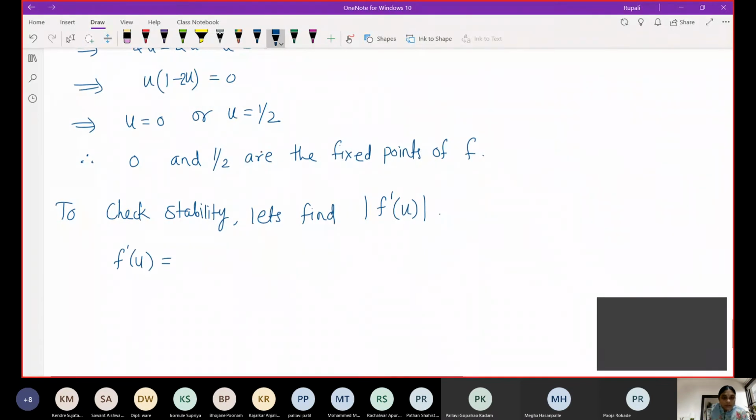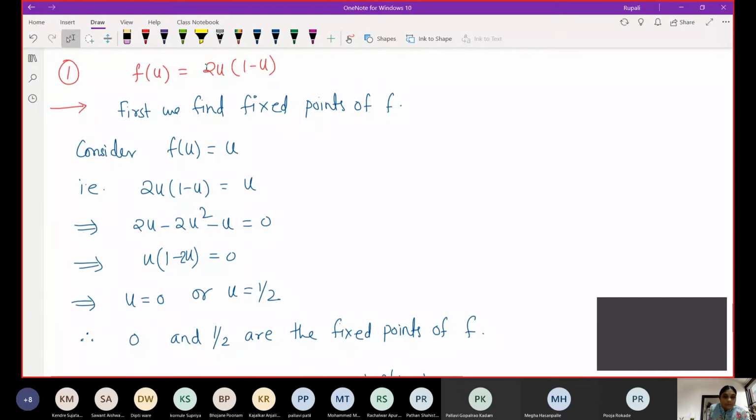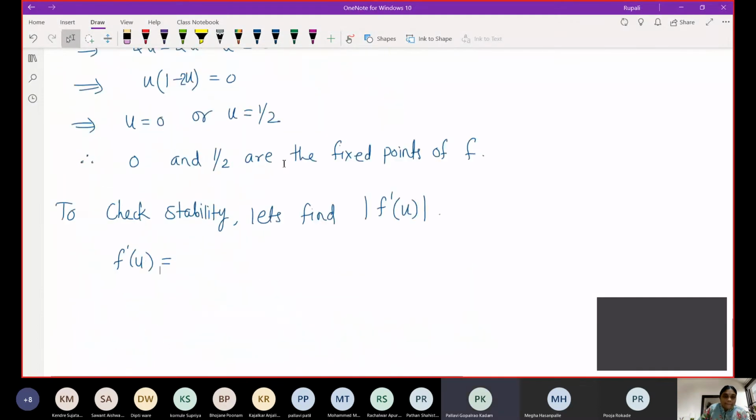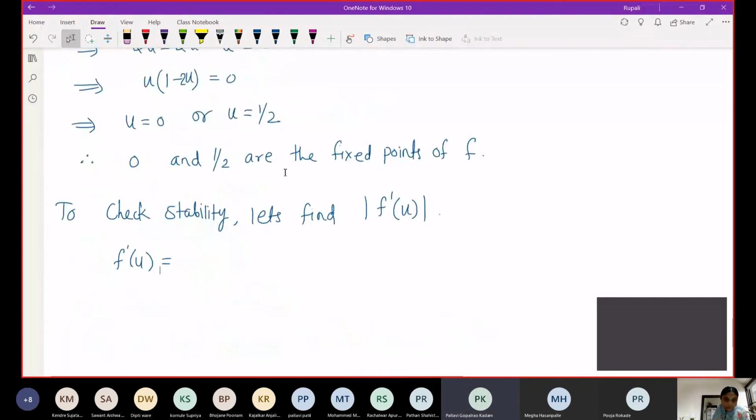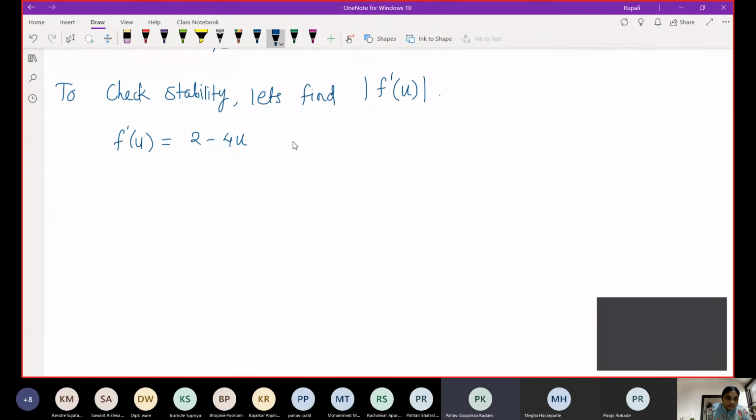If f of u is 2u times 1 minus u, then f dash is 2 minus 4u. So what is mod of f dash at 0? It is 2. And what is mod of f dash at half? 2 minus 2, so 0.